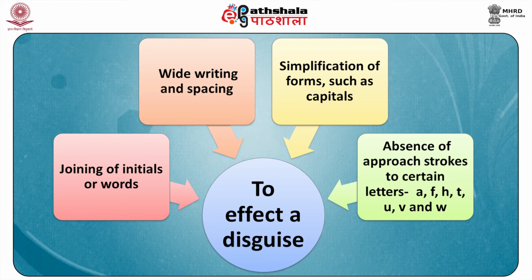Number 7, wide writing and spacing. Number 8, simplification of forms such as capitals. Number 9, absence of approach strokes to certain letters, for example, in letters A, F, H, T, U, V, and W.